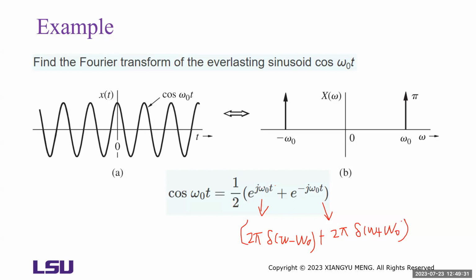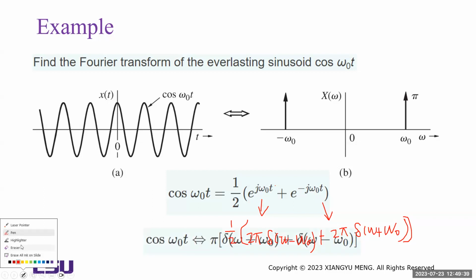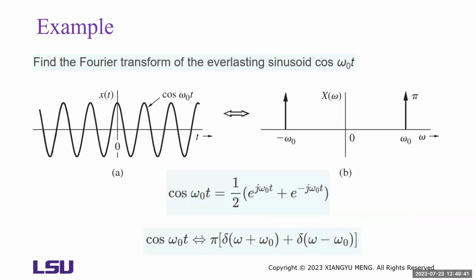Then divided by 2, we have this result. The Fourier transform of cosine omega 0 t is pi times delta(omega plus omega 0) plus delta(omega minus omega 0).